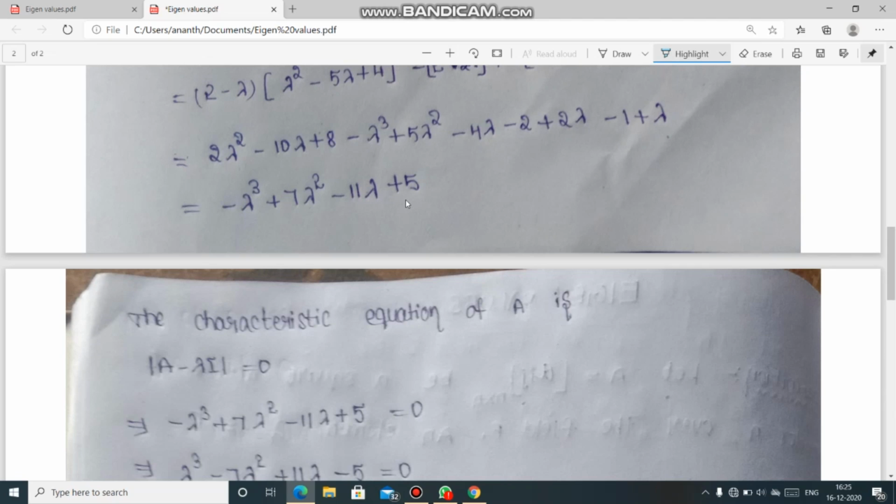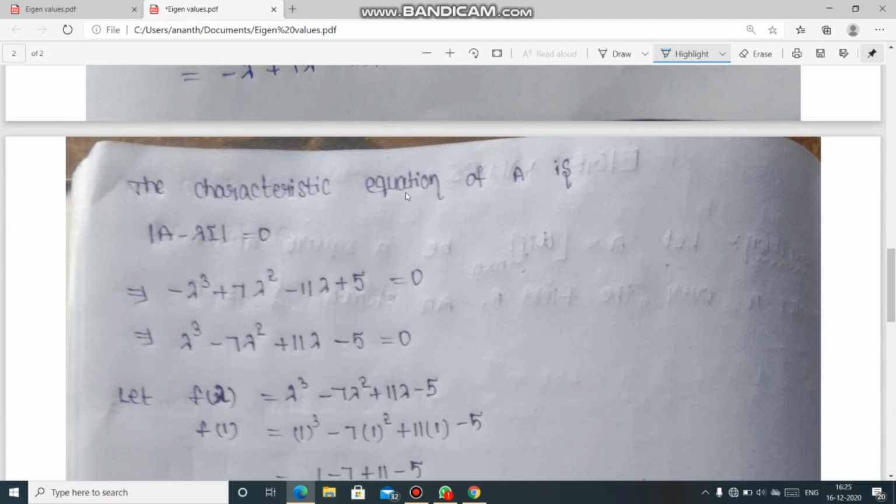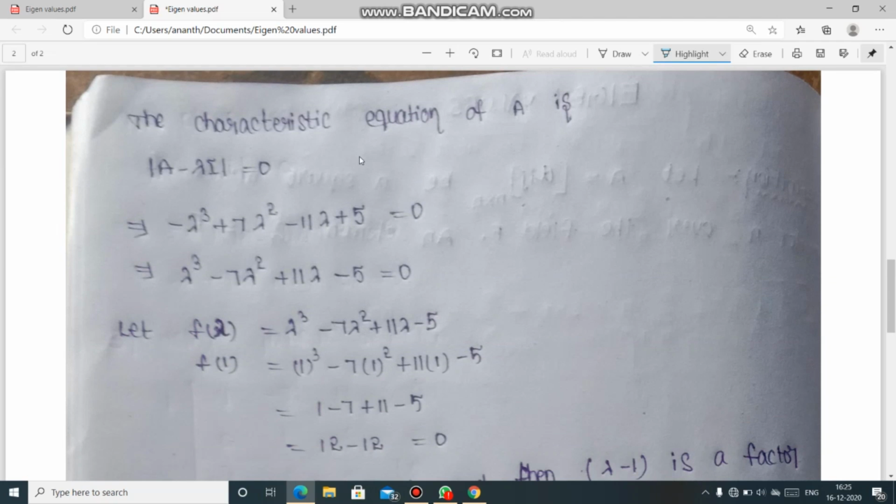And now we have to find the characteristic equation of A. We know the formula for eigenvalues: determinant of A minus lambda I is equal to 0, that is minus lambda cube plus 7 lambda square minus 11 lambda plus 5 is equal to 0.